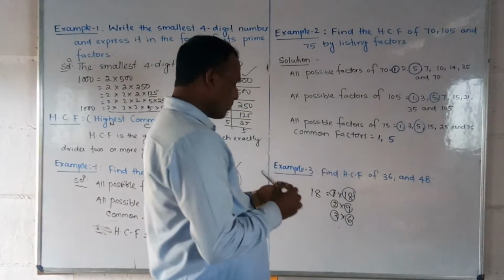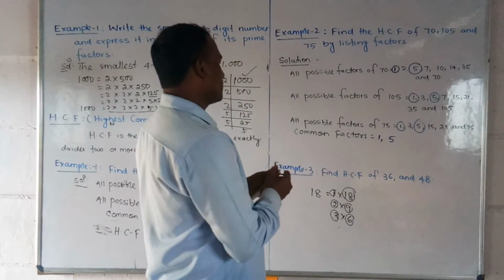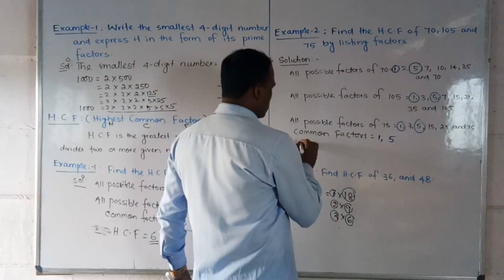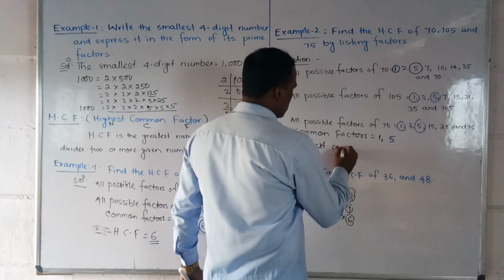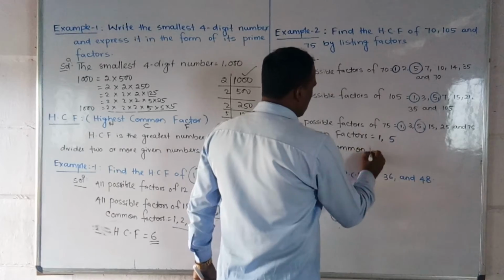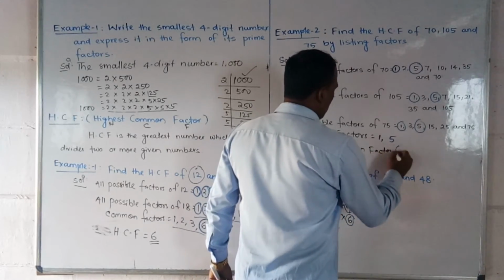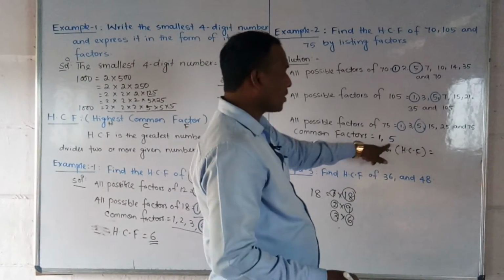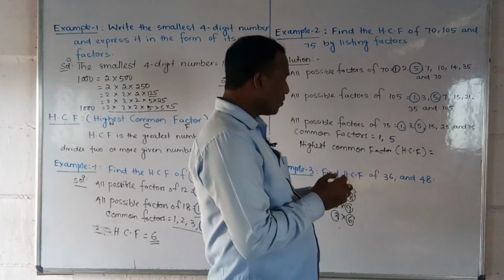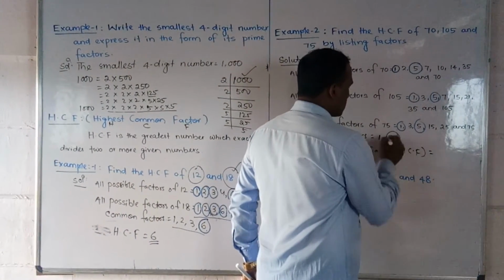So now we have to find the highest common factor, or that is called HCF. 2 factors we got here, so we have to take the highest, which is 5.